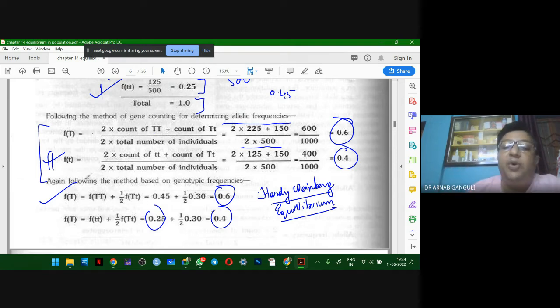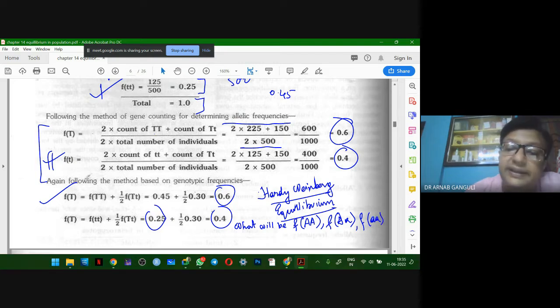What will be the frequency of AA, frequency of Aa, frequency of aa in a population? What will be the frequency of A and frequency of small a?